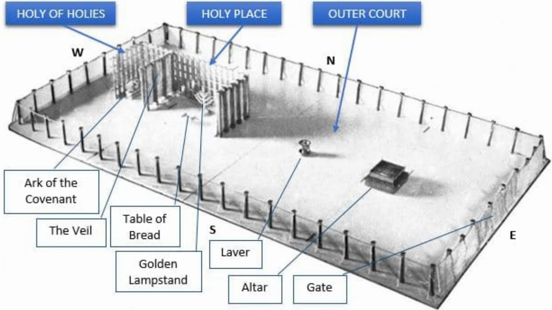Number 2, the golden candlestick. Number 3, the altar of incense. The other division behind the veil was called the most holy place, or the Holy of Holies, where there was the altar, the Ark of the 2 tablets of stone, or the Ark of the Testimony, or the covenant box.